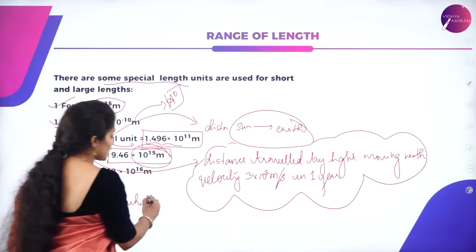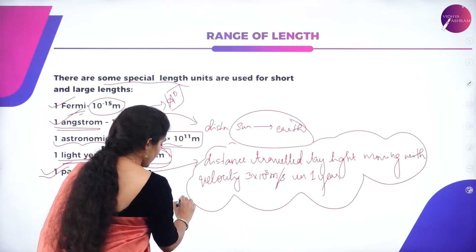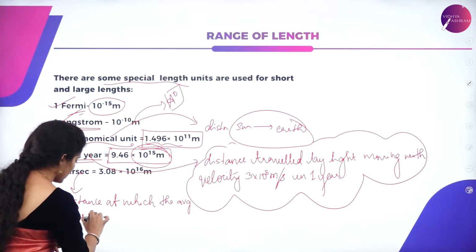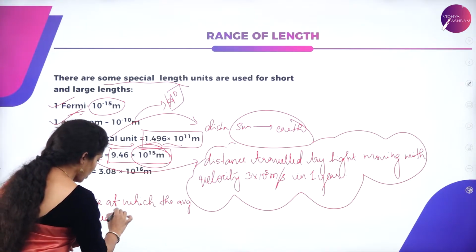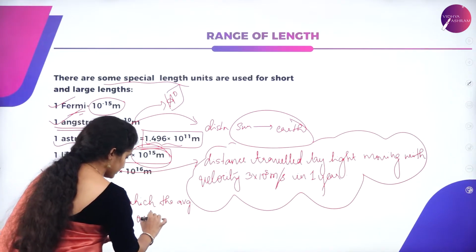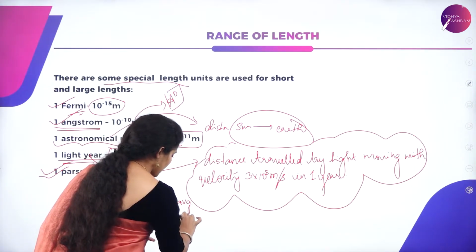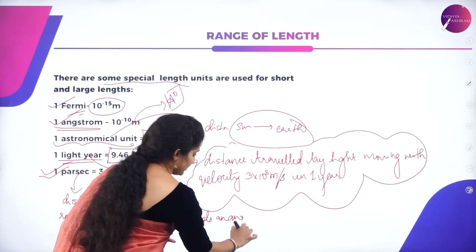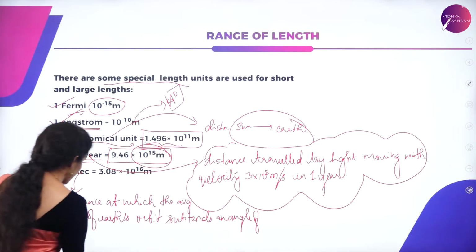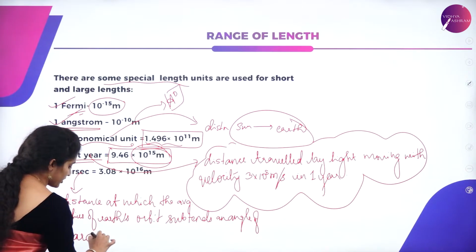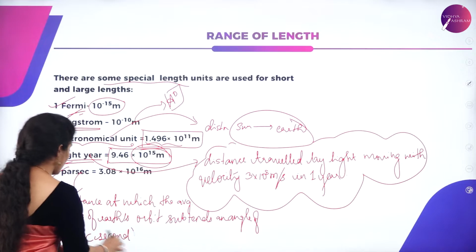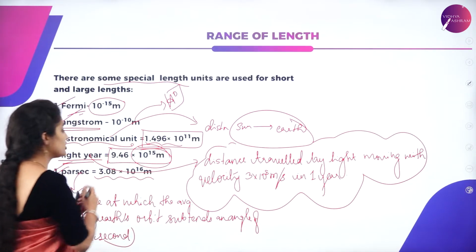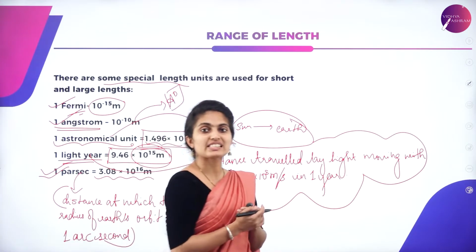That is the concept of your 1 parsec. And what is the value? 3.08 into 10 to the power of 16 meters.